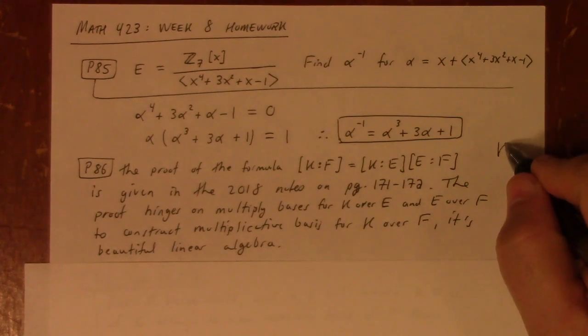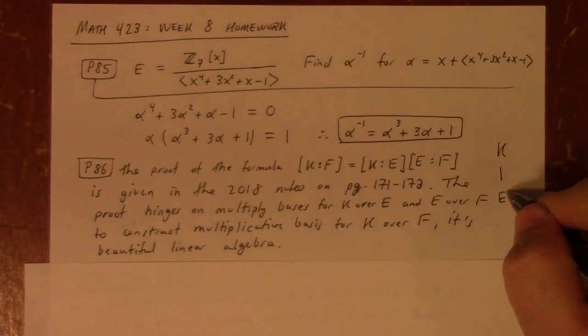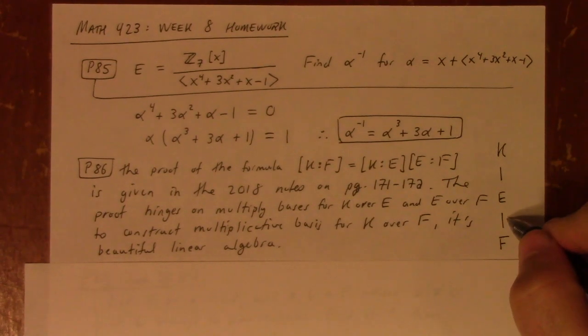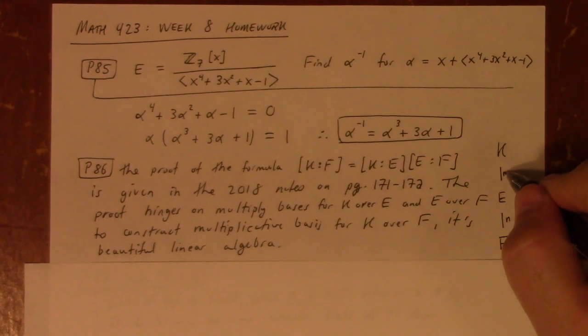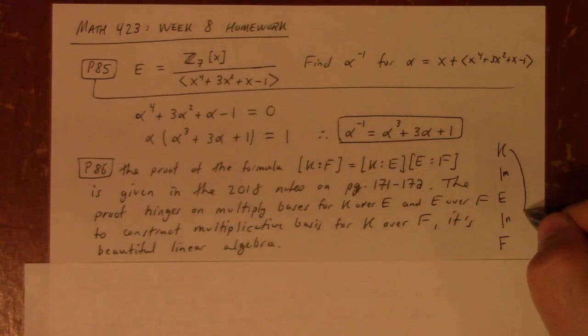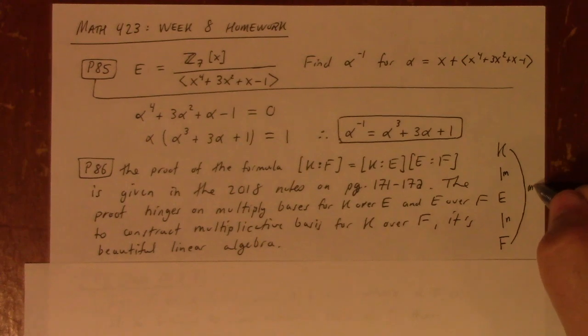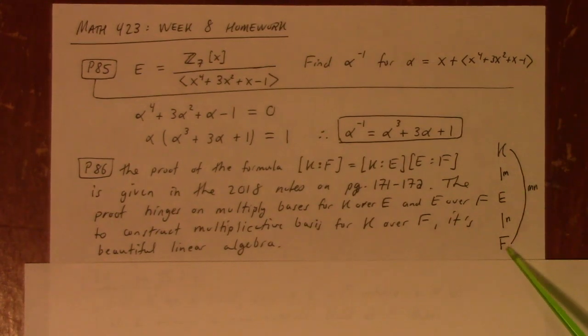You've got your K, you've got your E, you've got your F. If this is degree n and this is degree m, then if we look directly from F to K, it's degree mn. For example, if you do a degree 2 extension and then a degree 3 extension, in total you've got a degree 6 extension, 2 times 3, over the base field.